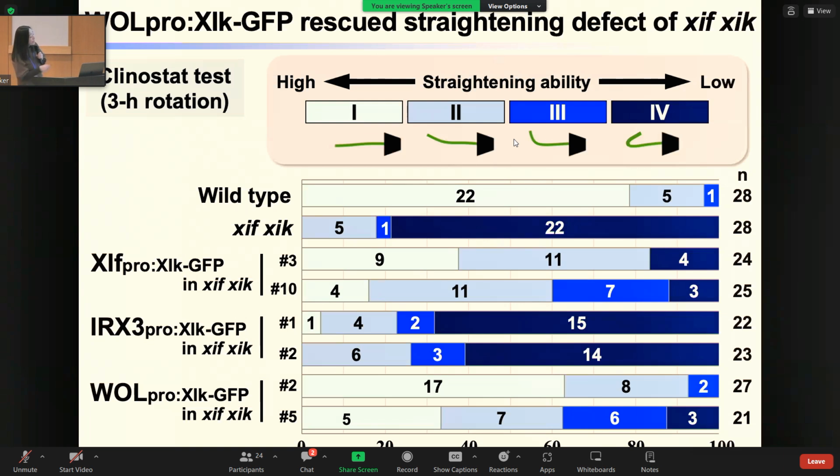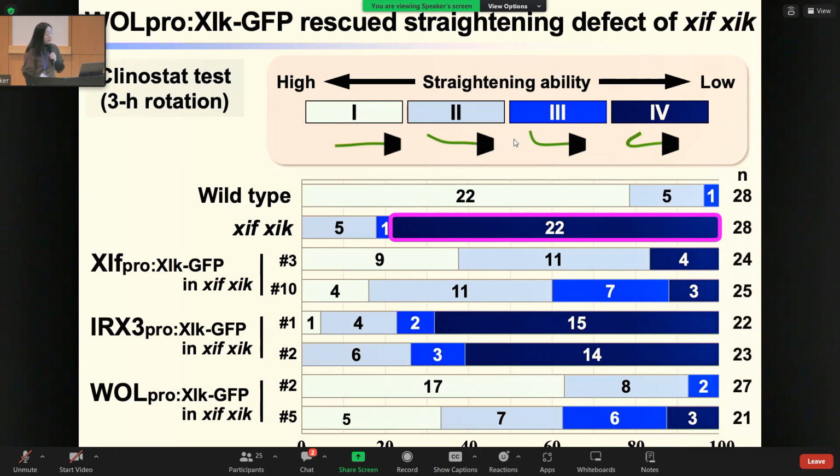Of the 28 11F11KW mutant plants, 22 exhibited behavior classified as pattern 4. We analyzed 2 lines for each transgenic plant.